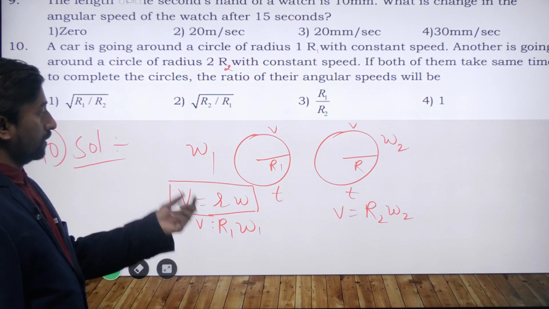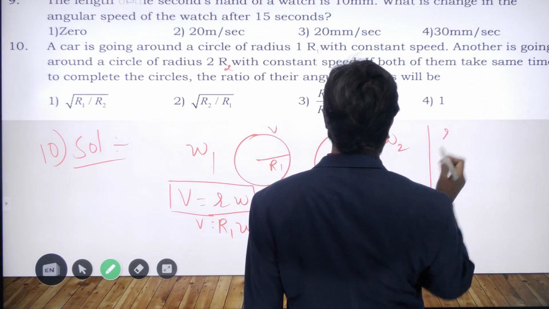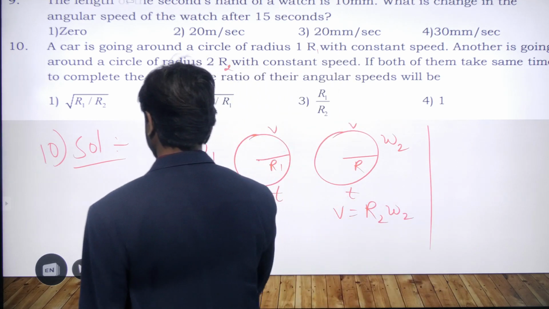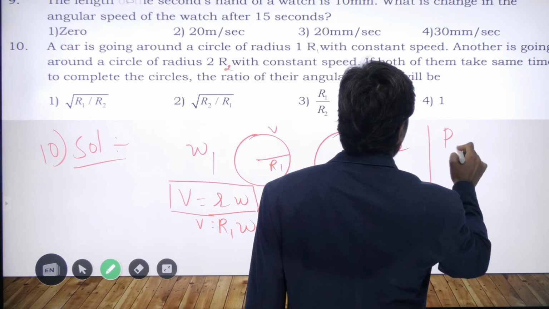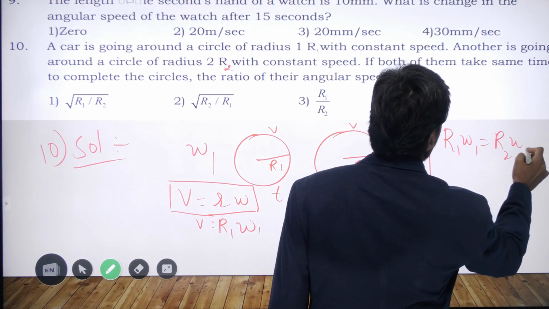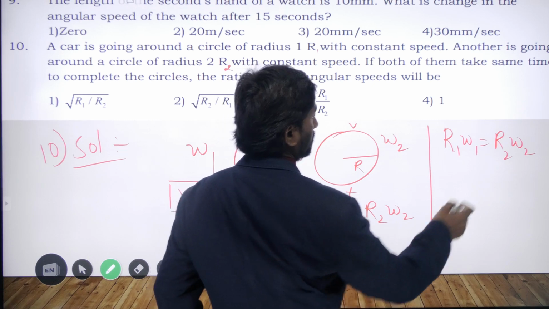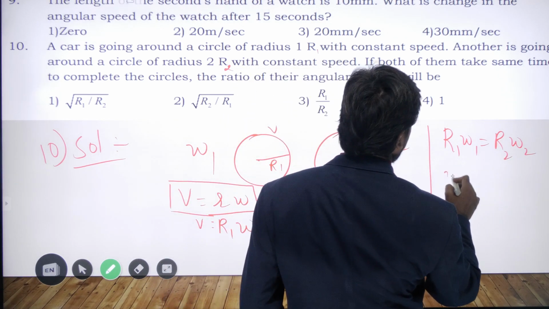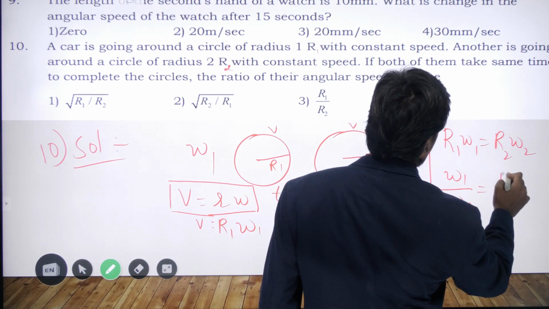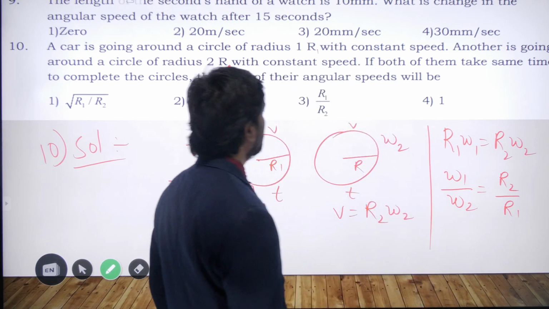So now the velocities are same there. If their velocities are same, then r1 omega 1 is equals to r2 omega 2. So now what can we write there? Omega 1 by omega 2 is equals to r2 by r1.